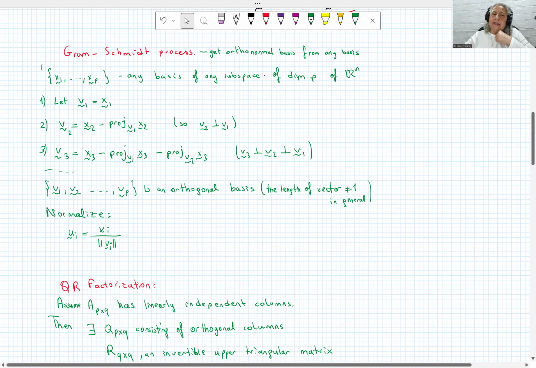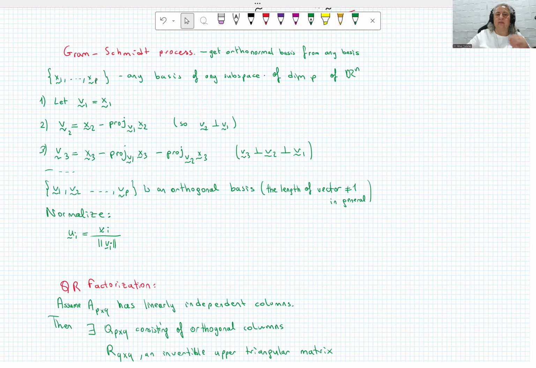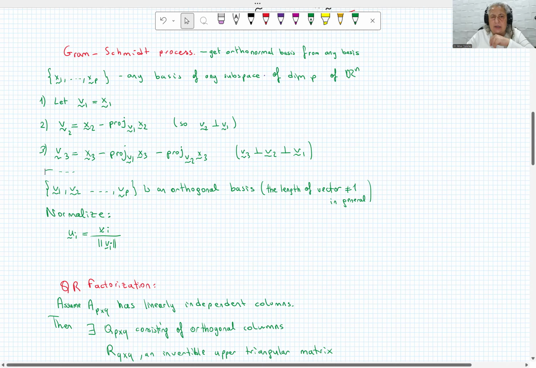So the first thing we do is find an orthogonal basis from any given basis. This is the first part of the process. Assume the first vector is v1. The second vector we calculate as x2 minus the projection of x2 on v1.